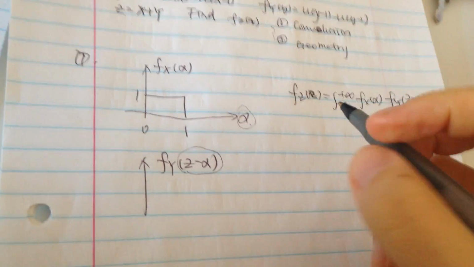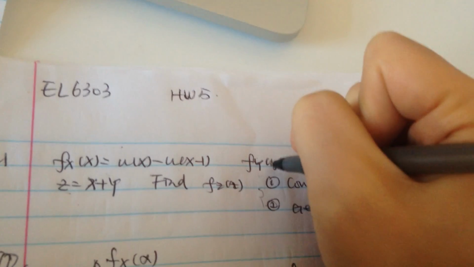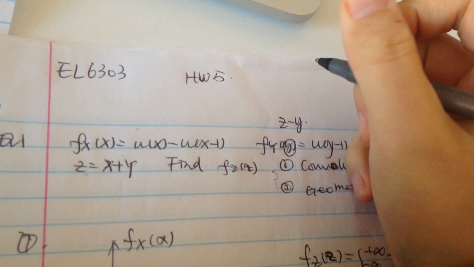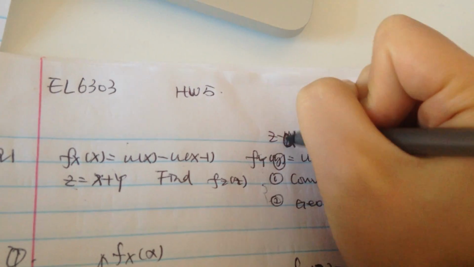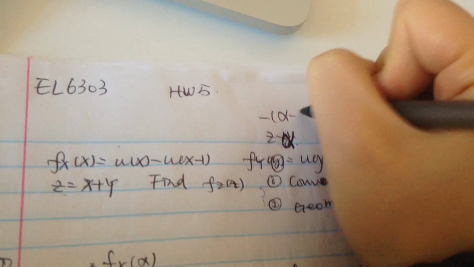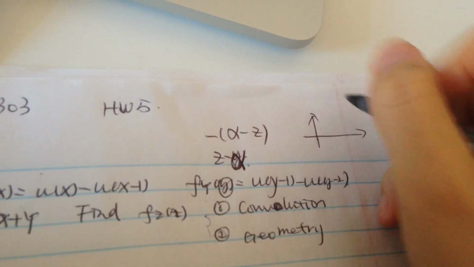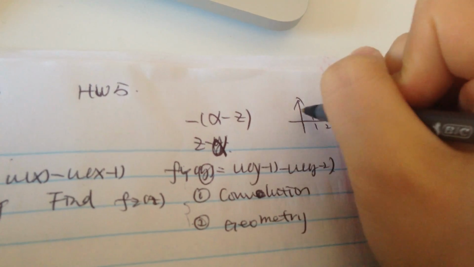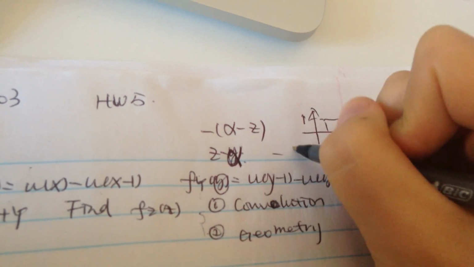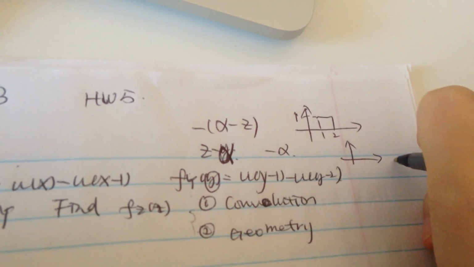First, we already know f_Y here, so this is y, and we're gonna change it to alpha. So it would be really easy for us. First, here is y. Draw them first.